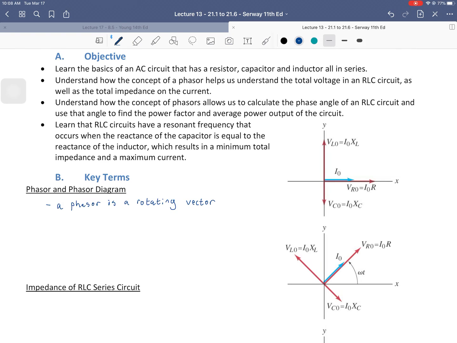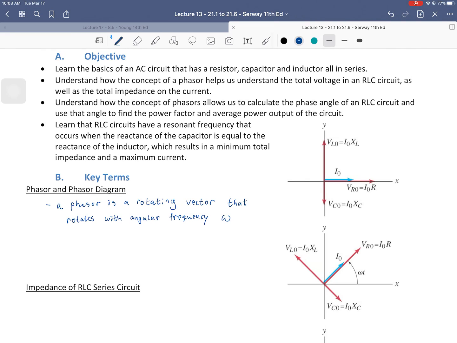And here, the idea is that the vector is going to be rotating at some frequency, with angular frequency omega.